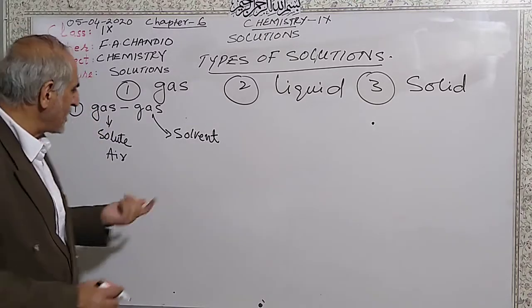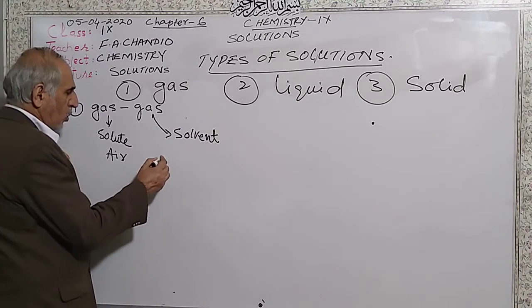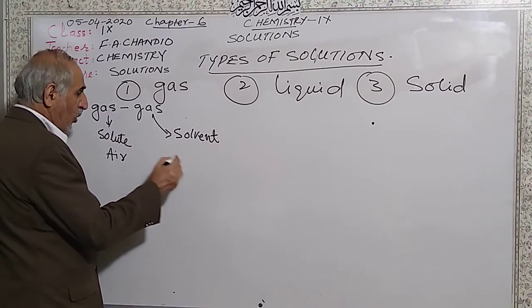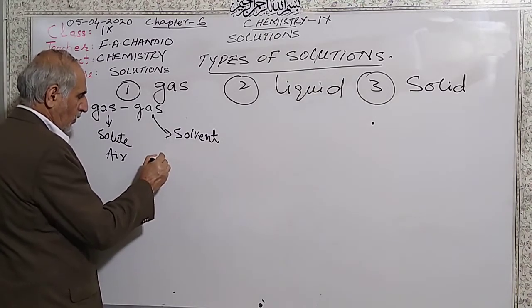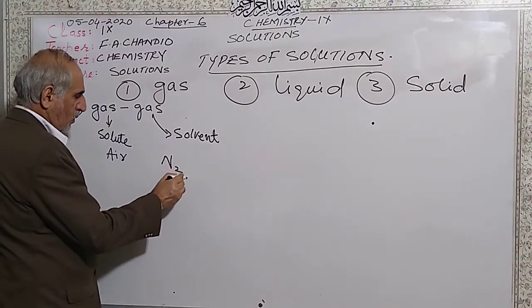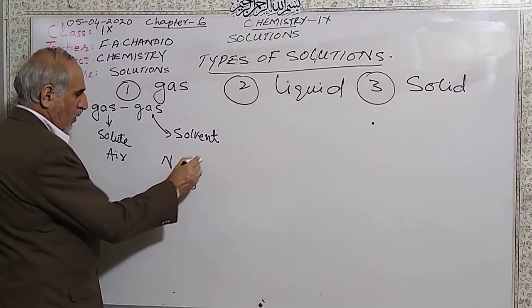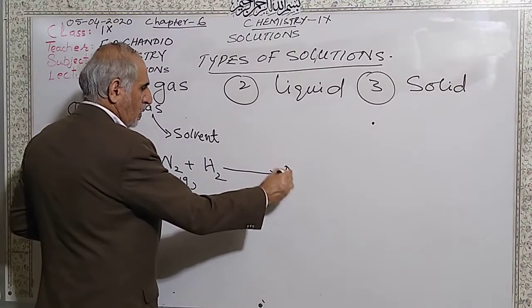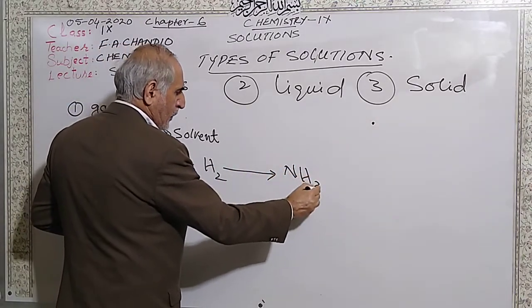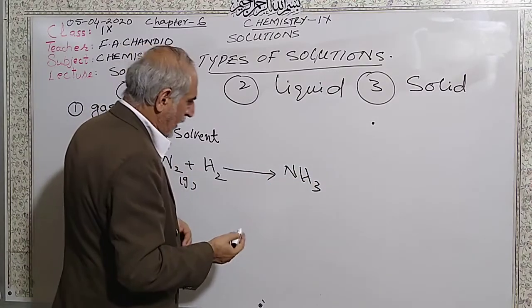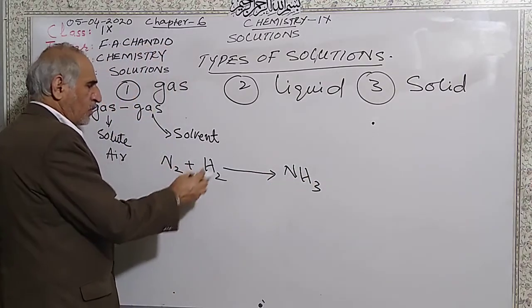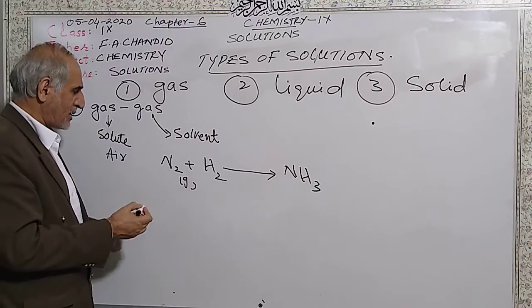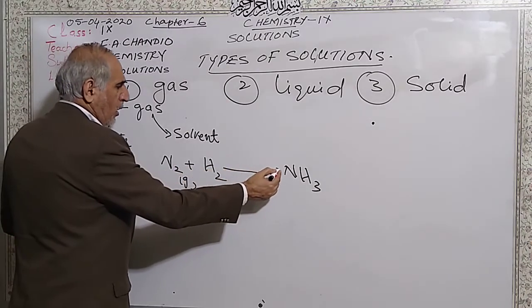There is another example also. You are making ammonia gas. I'm not explaining the conditions to make the ammonia gas. I'm just telling you that these two gases are going to dissolve.